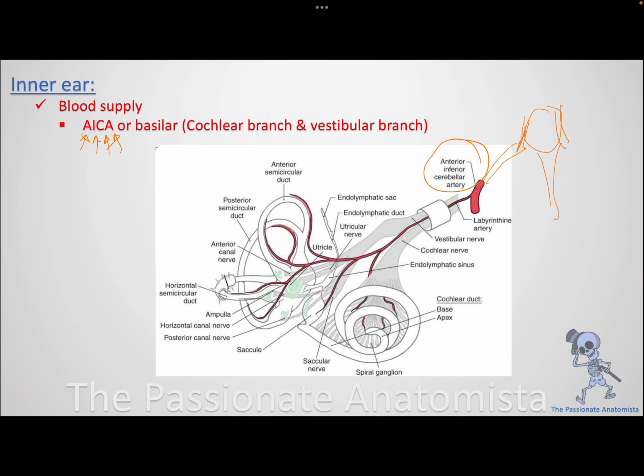Whether it's coming from the basilar itself or from the AICA, at the end of the day, the cochlear branch that goes to the cochlea and the vestibular branch that goes to the vestibular system are branches of the anterior inferior cerebellar artery or the basilar artery.